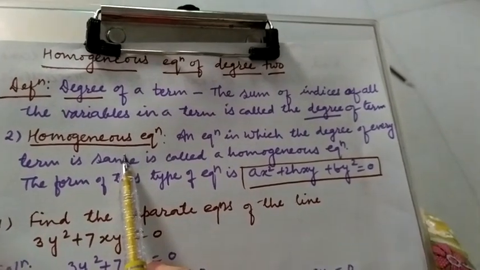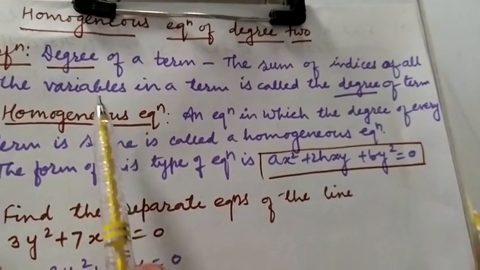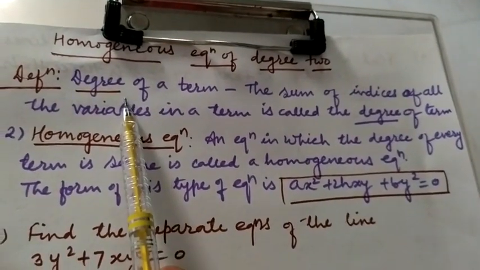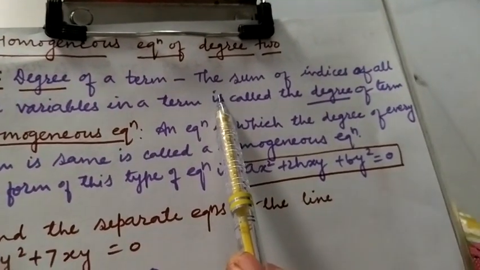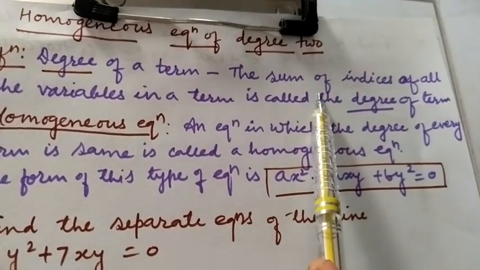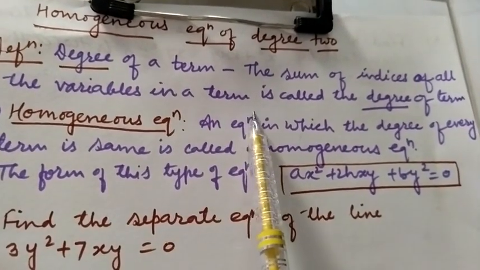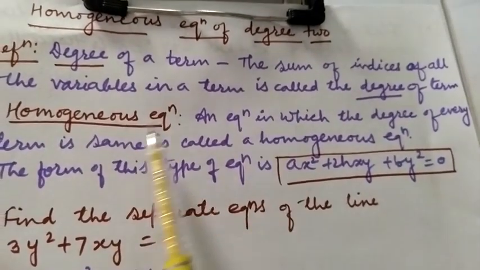Next topic is the homogeneous equation of degree 2. Now what is degree? See the definition of degree. The sum of indices of all variables in a term is called the degree of a term.